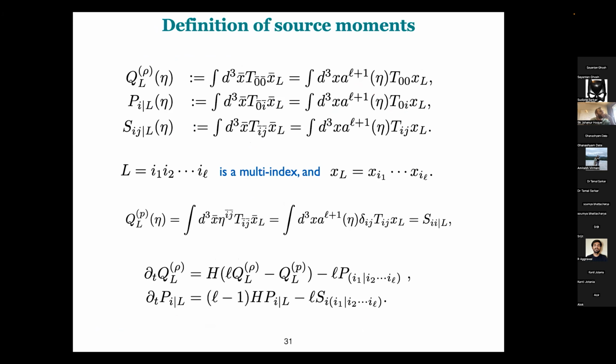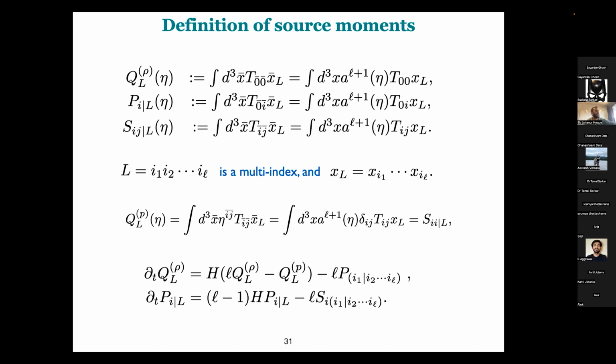So once given the tetrad, you can compute the tetrad components, and then you go to the tensor components. Here all this L is a multi-index tensor. So if I say Qij rho, this is T00 xi xj.